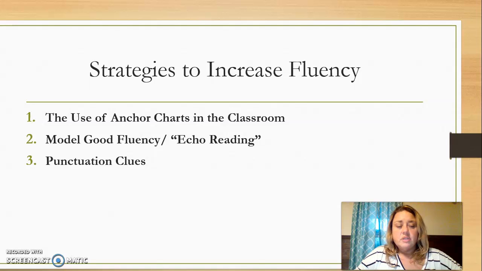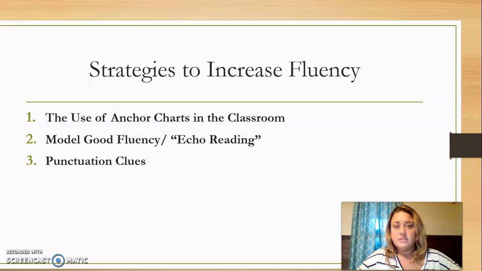The second thing you can do is model good fluency, and one of the ways you can do this is by doing an activity called echo reading. So in echo reading, you read a sentence from a book or a text aloud, and you do it with exaggerated expression.